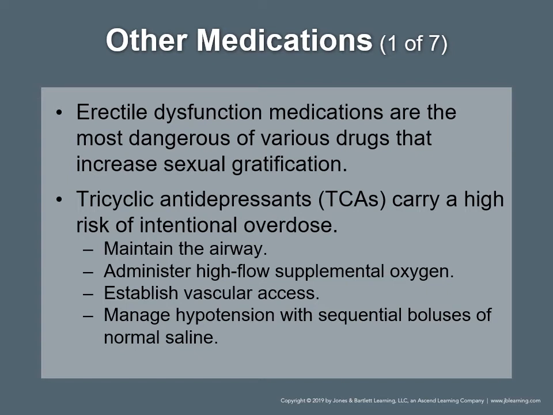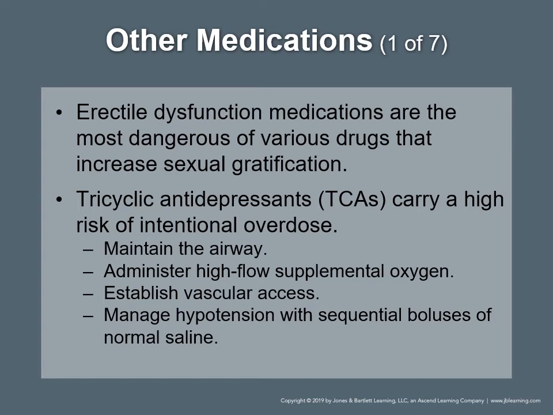Managing patients with a TCA overdose includes the following measures. Maintain the airway if the patient's mental status suddenly deteriorates. Insert an advanced airway. Call for paramedic backup as needed for cardiac monitoring, intubation, and medication administration. Administer high-flow supplemental oxygen. Establish IV access. Administer activated charcoal per medical control orders.